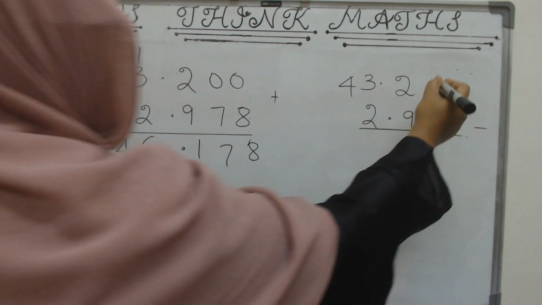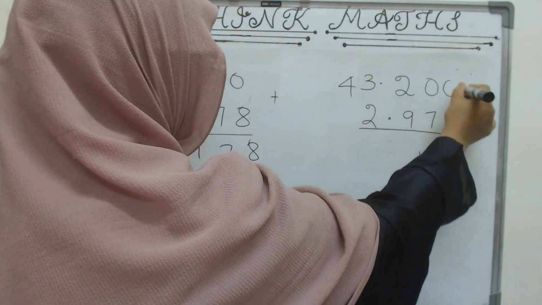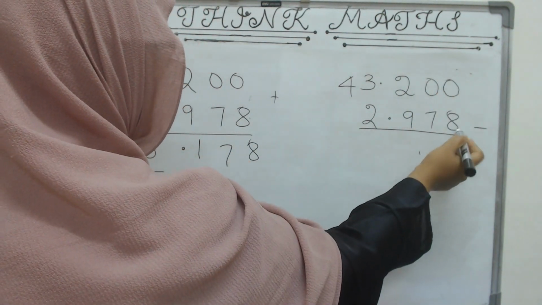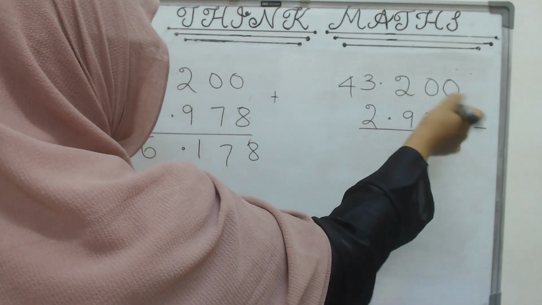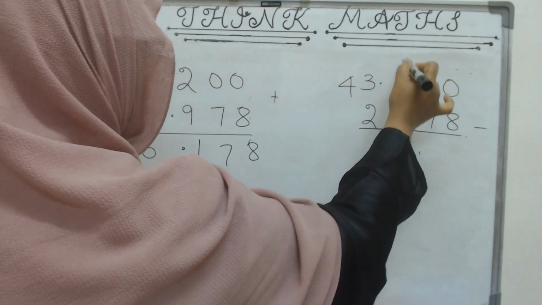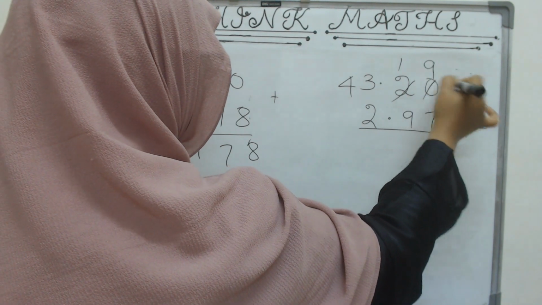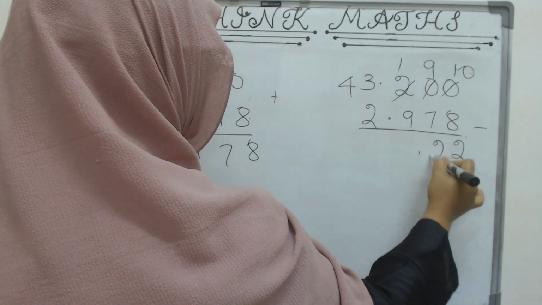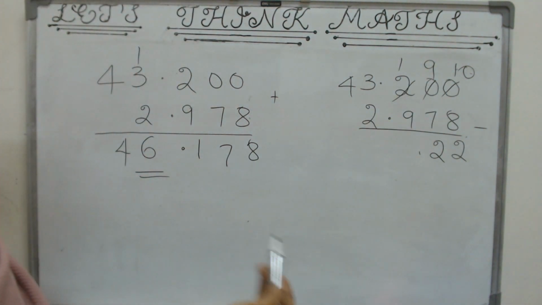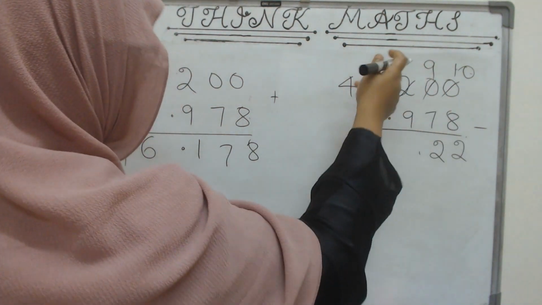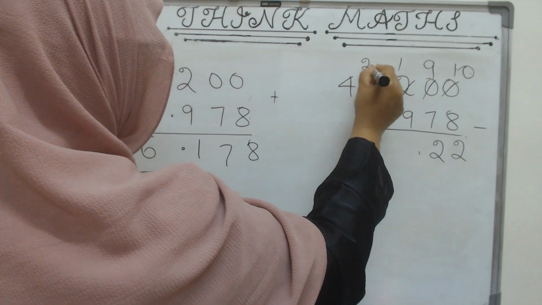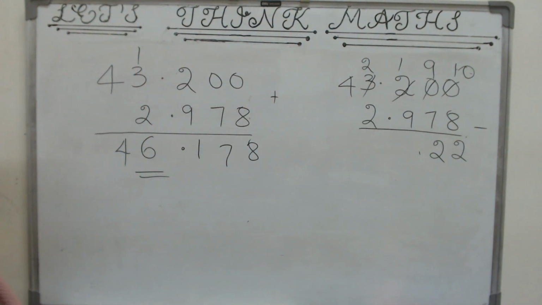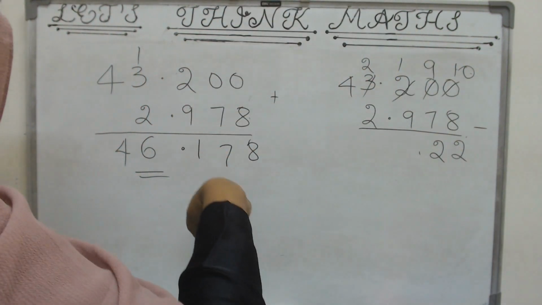So now, unlike decimals, make them into like decimals. You cannot subtract 8 from 0 or 7 from 0. So borrow from here. This becomes 9. This becomes 10. Now you cannot subtract 9 from 1. So you borrow from here. Remember what I told you? The carryover values can jump over the decimal point.